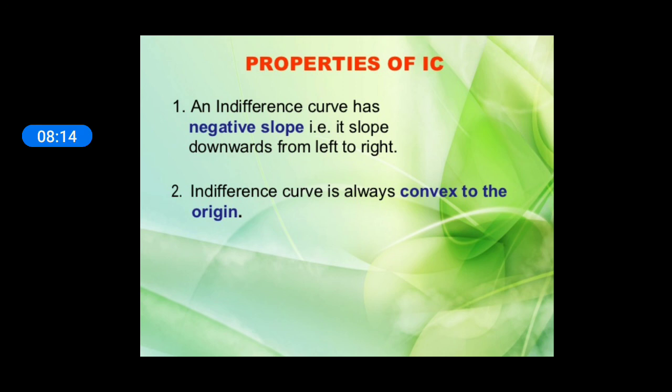So accordingly, he is willing to give up fewer and fewer units of orange to get one more unit of apple, and that's why the marginal rate of substitution is diminishing. And because of the diminishing marginal rate of substitution, the indifference curve is always convex to the origin.